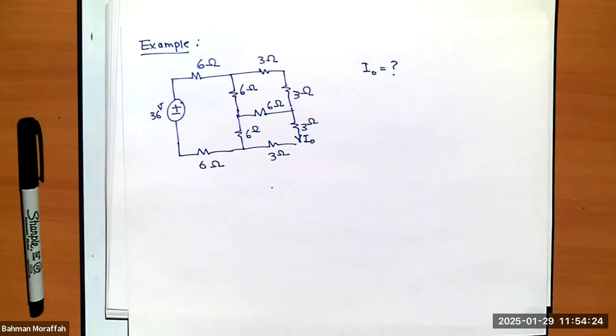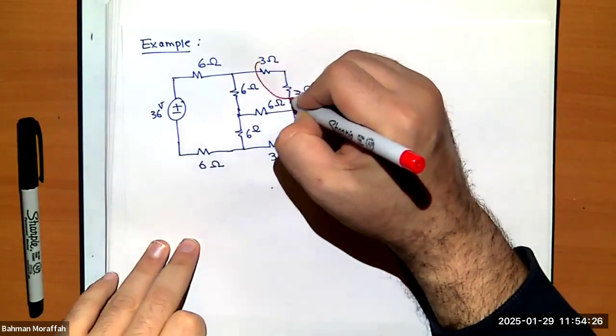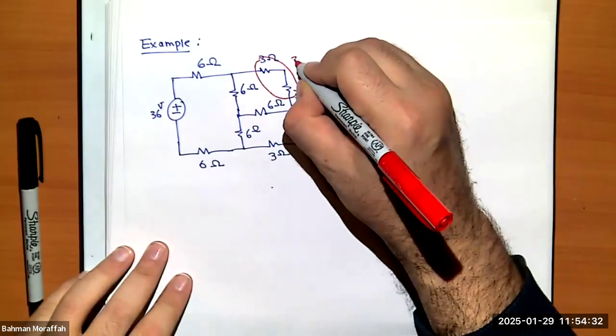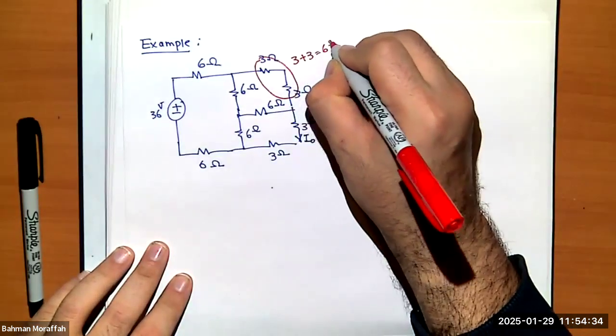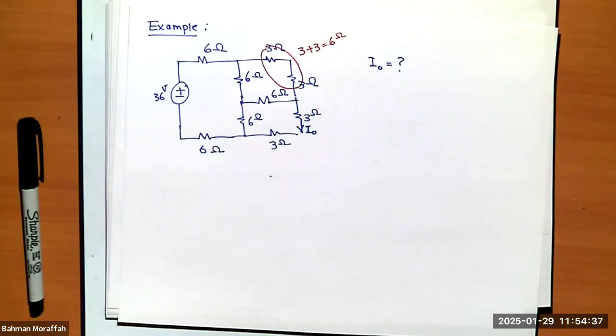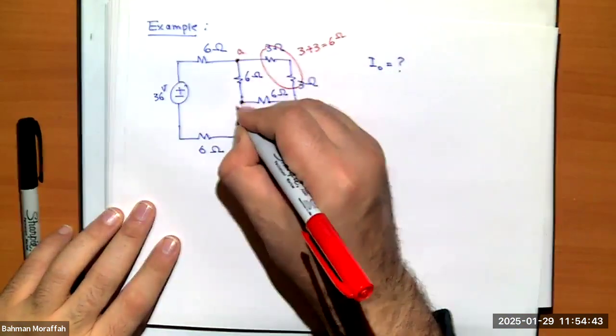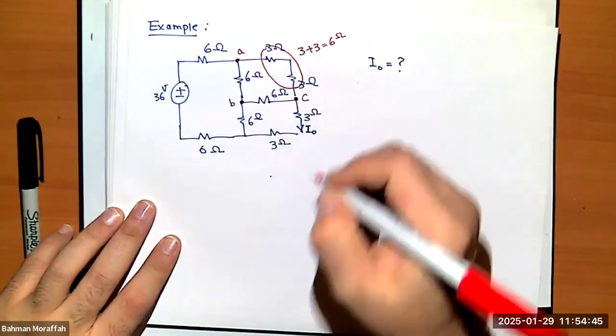Look at these two. Do you agree these two are in series? So I can combine them. So I have 3 plus 3, which is a 6 ohms. Now I have a delta. This is my node A, this is my node B, and this is my node C.